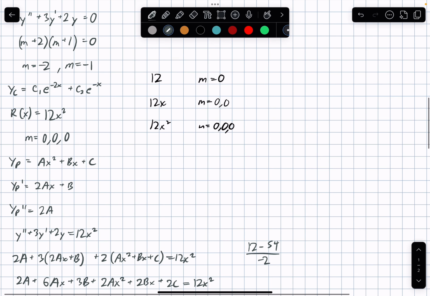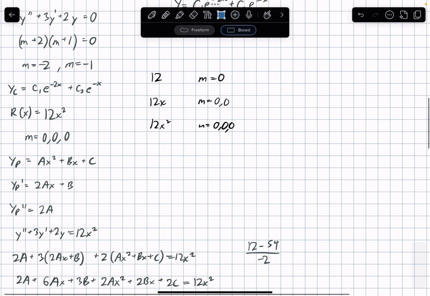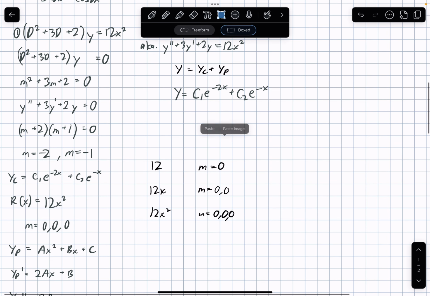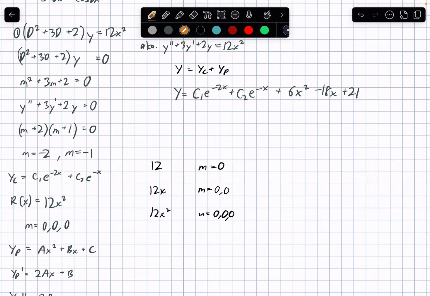Let's now compile. So going back to this, y is equal to, what's our yc? You just copy paste, no? There, and then the information in yp, you just add. So that's it. That's it for this problem.